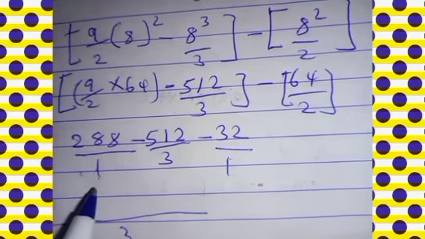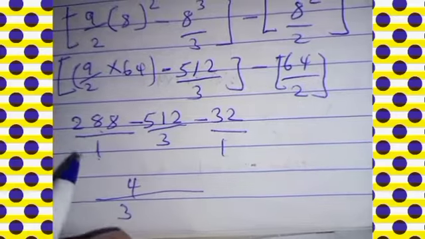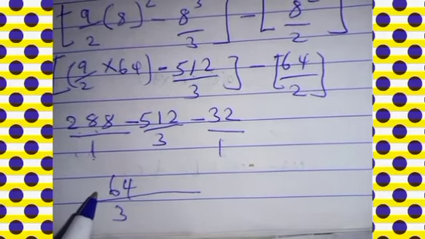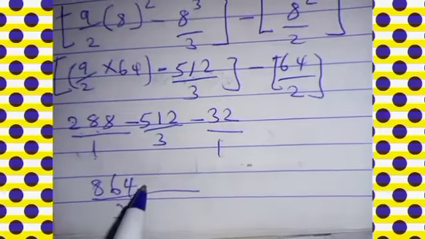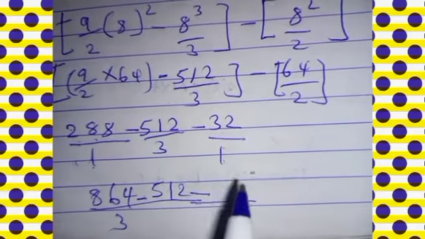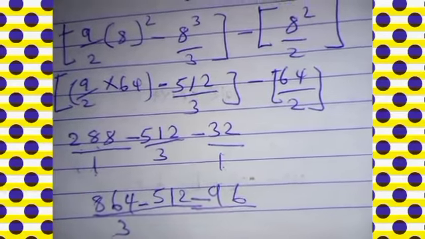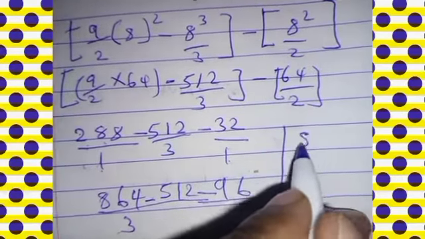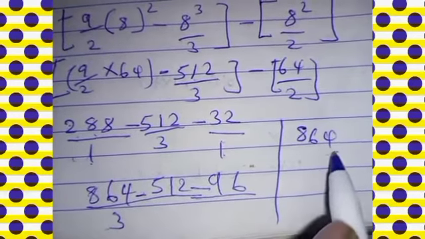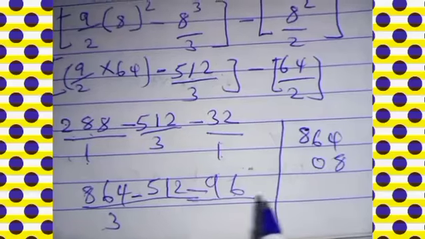Working it through, we have 864 minus 512 over 3.